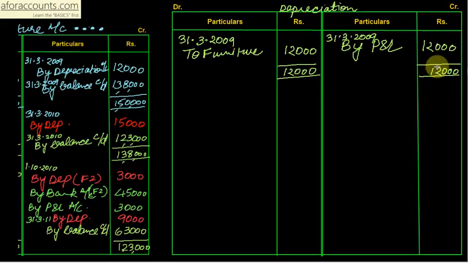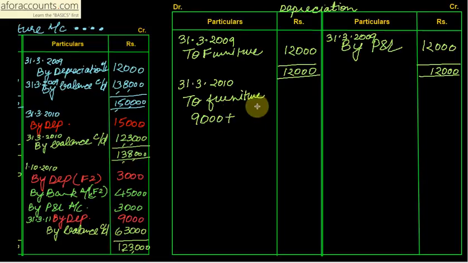This is your first year entry of 12,000 depreciation transferred to your profit and loss account. Now your second year on 31/3/2010. Again depreciation. So depreciation account debit to furniture account. Here check total, F1's depreciation is 9,000 and F2 also we have for the full year. So on SLM straight line method 6,000 is coming.